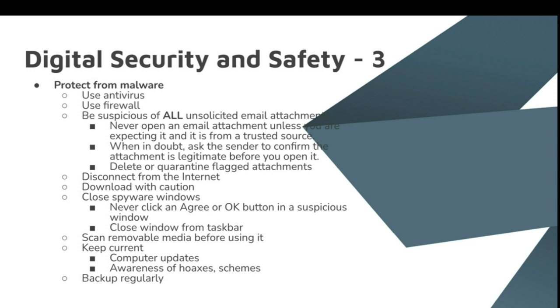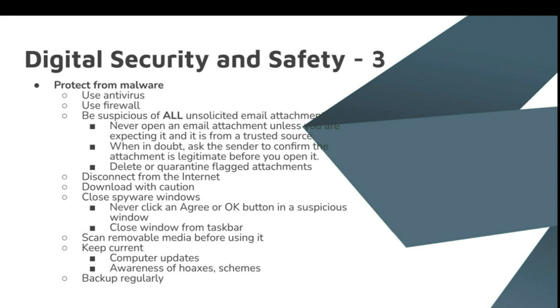Number two, use a firewall. Windows comes with a default firewall. Become accustomed to how to use your local client, your personal computer's firewall. Be suspicious of unsolicited email attachments. Don't open an email attachment if you're not expecting it, and especially if it didn't come from somebody you know.